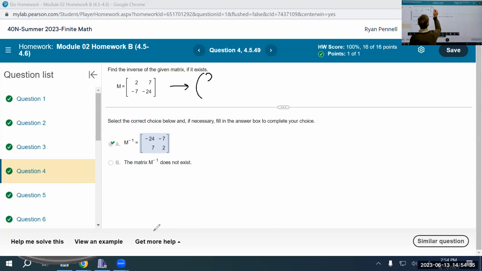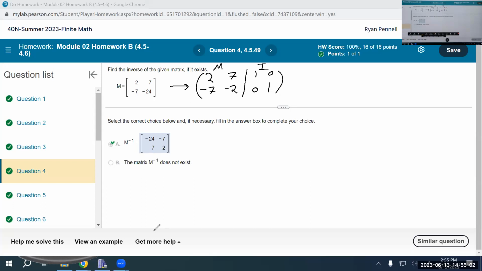All right. I'm going to take the matrix I was given. And on the right-hand side, I'm going to put the identity matrix. So this is matrix M, and this is the identity matrix.